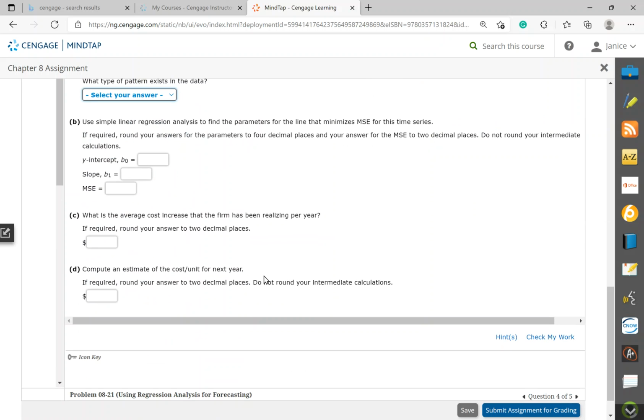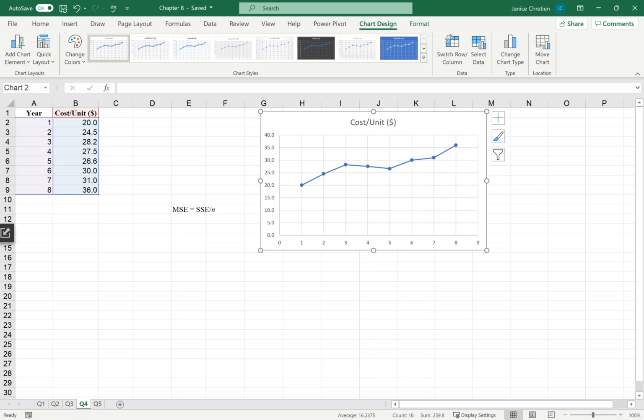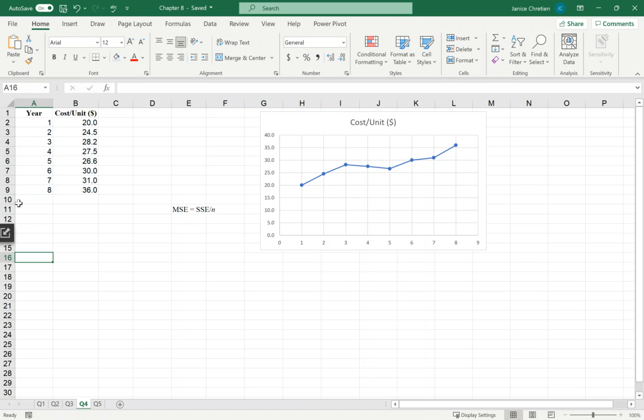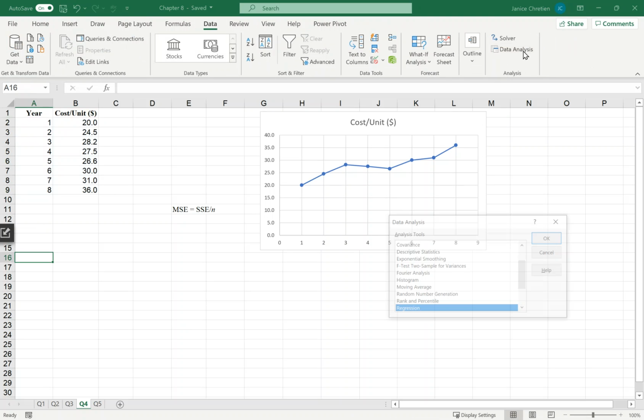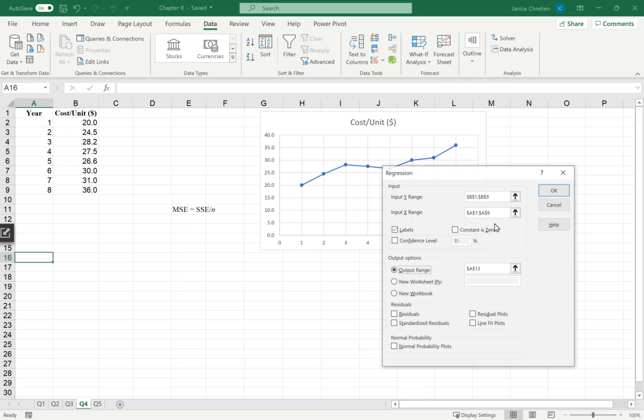Okay, now we're back to regression. It wants us to use the simple linear regression analysis to find the parameters for the line that minimizes MSE. So the first thing we're going to do, this is just a regression model, very simple. Data analysis, regression.